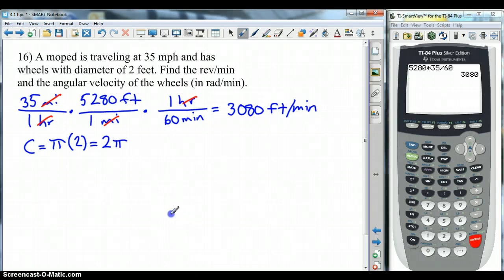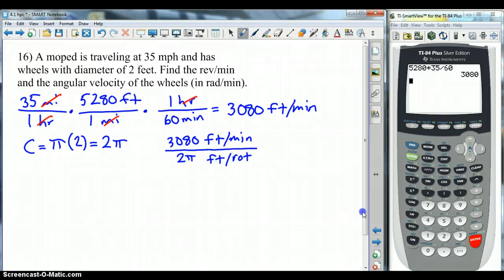Alright, so our revolutions per minute would be the number of times this spins per minute, so it would be 3,080 feet per minute divided by 2 pi, and that would be measured in feet per rotation. In other words, every time the wheel spins once, we have 2 pi feet that we're traveling.